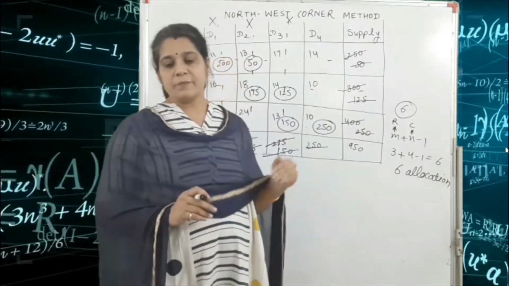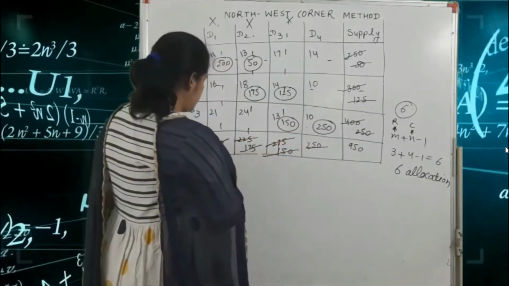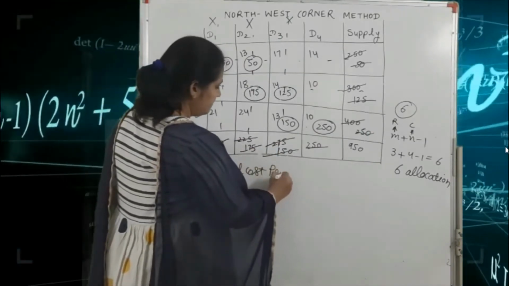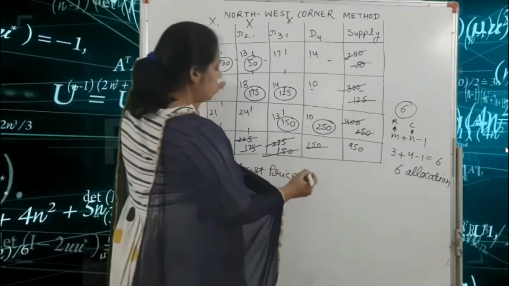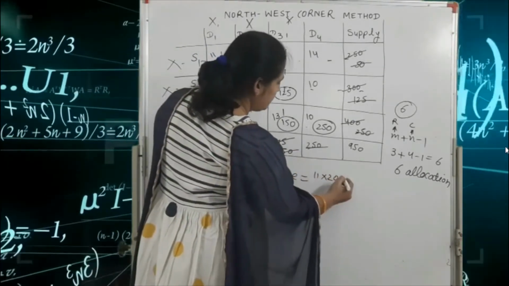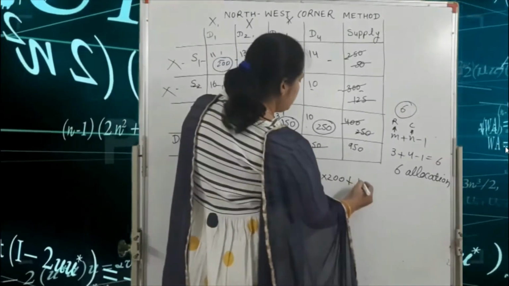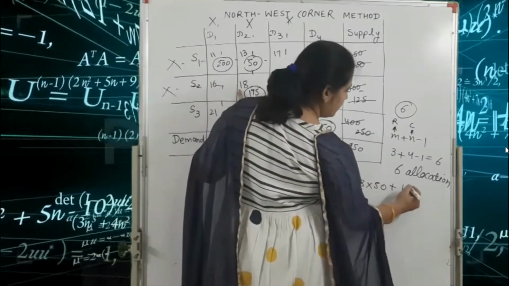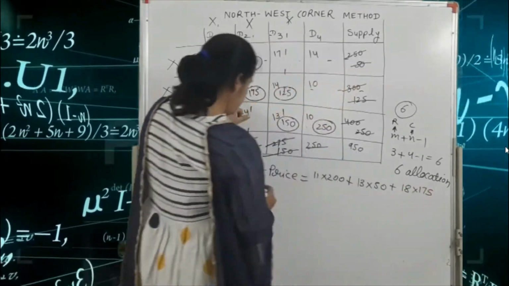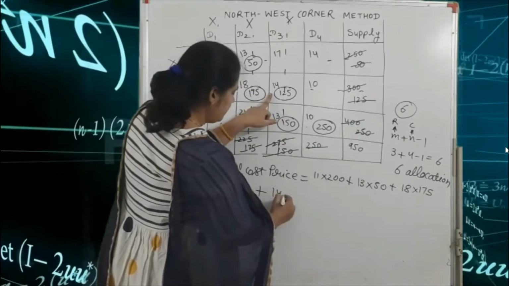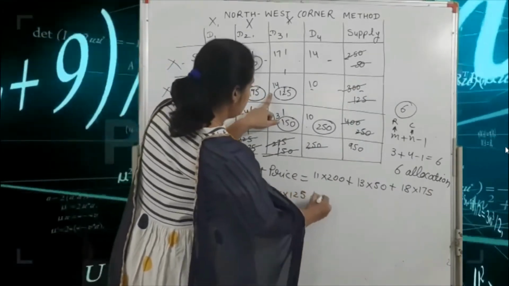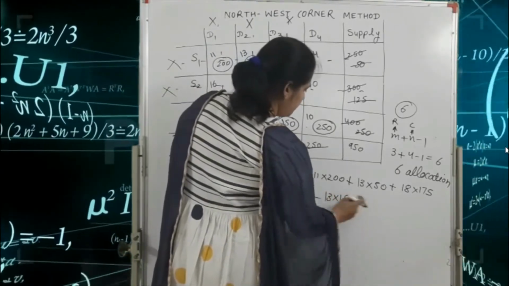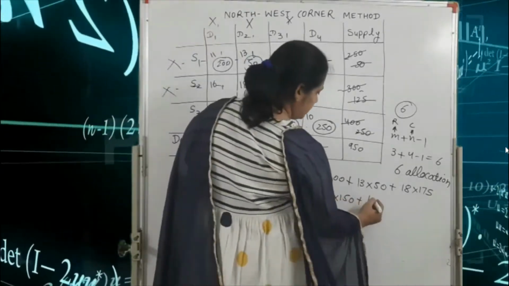Next we find the final answer. Total cost price is equal to 11 into 200 plus 13 into 50 plus 18 into 175 plus 14 into 125 plus 13 into 150 plus 10 into 250.